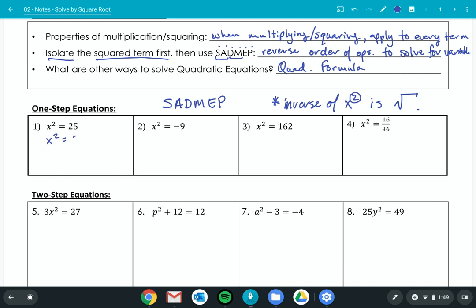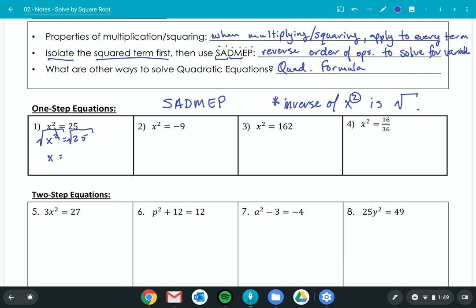I'm just going to rewrite it here. Take the square root of the side, which is going to cancel out that power of 2. And I'm doing the same thing to everything on the right side, which in this case is just 25. So what I'm left with is x, and then I ask myself, what's the square root of 25? You always want to ask yourself, can I simplify that square root to make my life a little bit easier? In this case, I can.